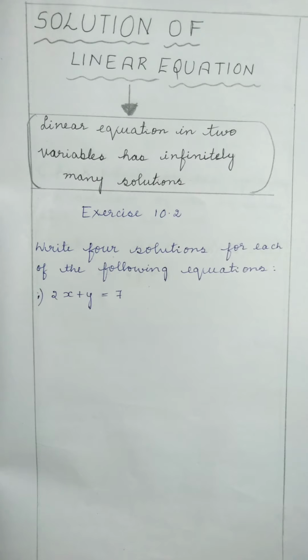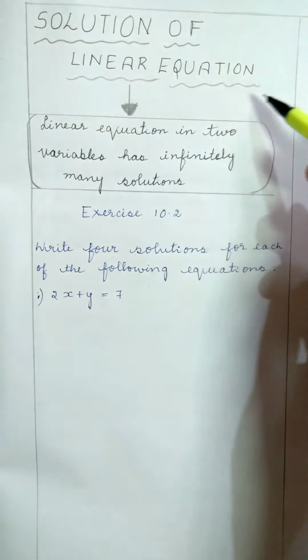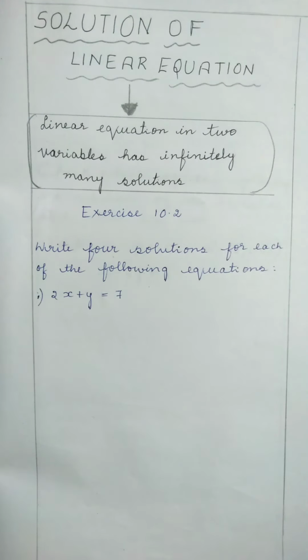The next topic is solution of linear equation. Solution of linear equations in two variables means a solution is a pair of values. We know that in a linear equation in two variables, we have two variables, one for x and one for y, which satisfy the given equation.